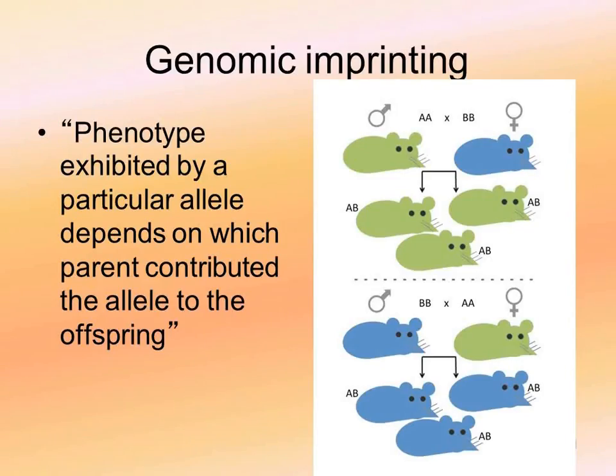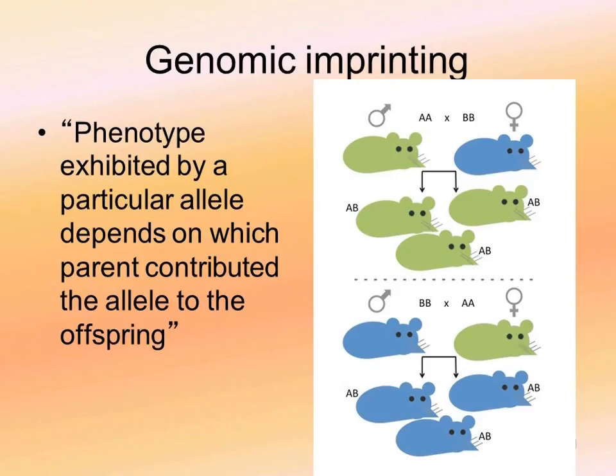Genomic imprinting is the autosomal version of a bar body. A chromosome has been inactivated, usually through the epigenetic process we discussed in Chapter 12. These genes that have been inactivated are called imprinted genes.